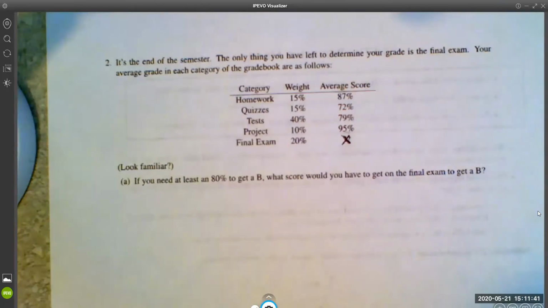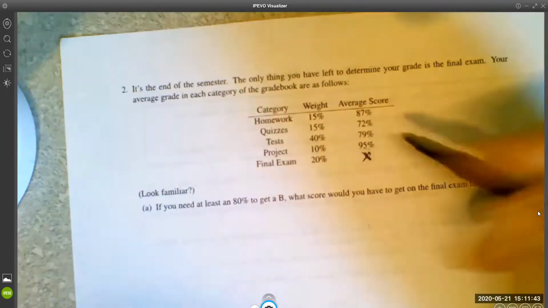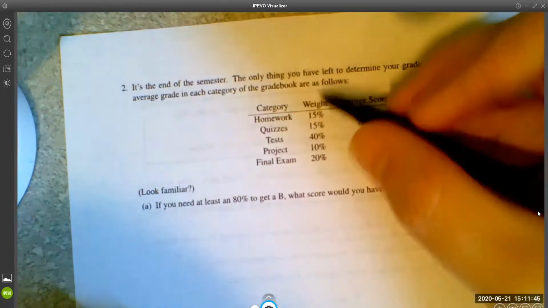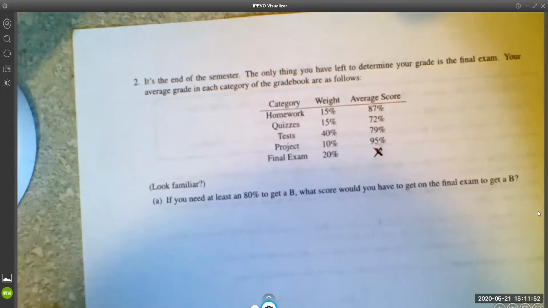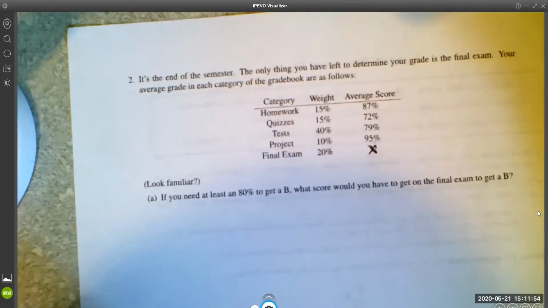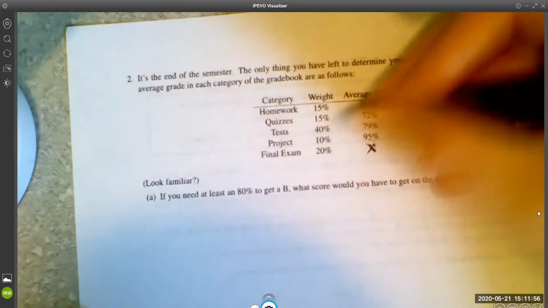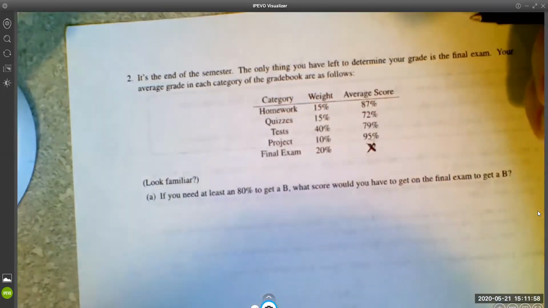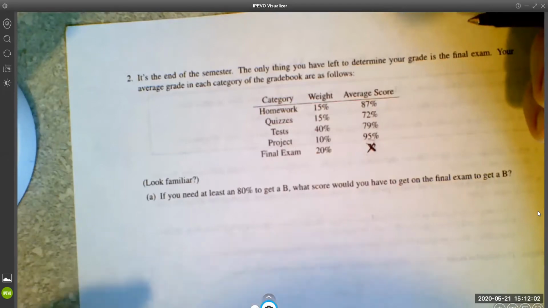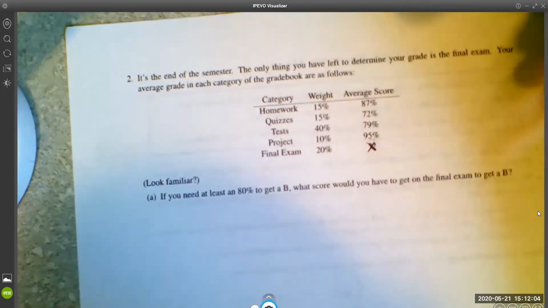So we're going to say, all right, so I'm going to multiply the weight by the score. You could change them into decimals and stuff. As long as you're staying consistent, changing them all to decimals or leaving them all as percentages or whatever, you're fine. I'm just going to leave them as whole numbers.